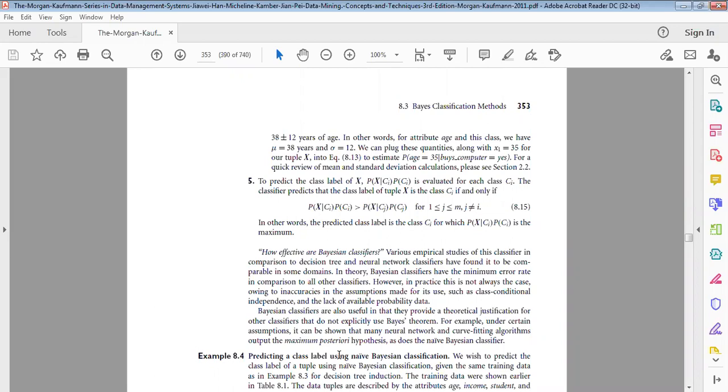To predict the class label of X, P(X | C_i) P(C_i) is evaluated for each class C_i.